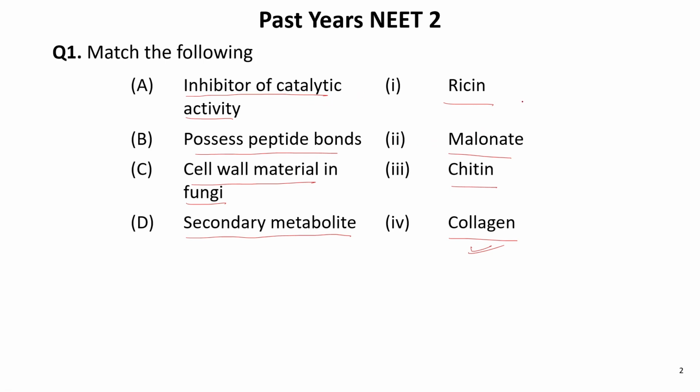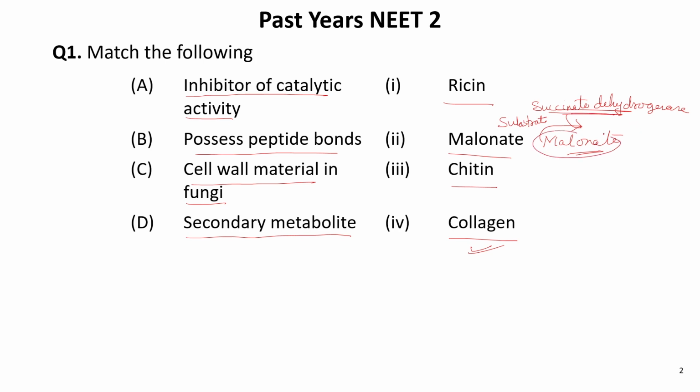So, malonate, if you remember, succinate dehydrogenase. It is an enzyme and its inhibitor is, or we can say a catalytic inhibitor. It competes with substrate to get attached with this particular enzyme.